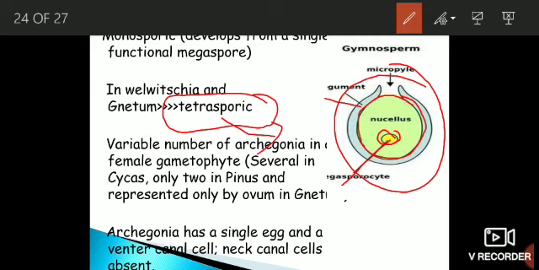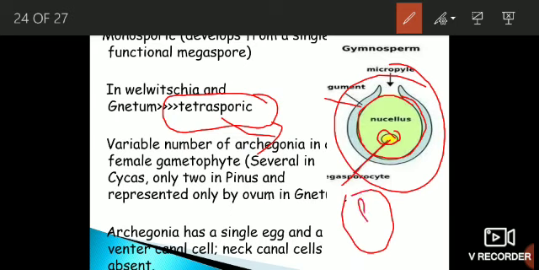Now you have female gametophyte which is formed as a result of divisions in the megaspore. The female gametophyte forms archegonia, which are the female sex organs, okay. And the number of archegonia in a female gametophyte is variable. For example, this is the female gametophyte of Cycas.